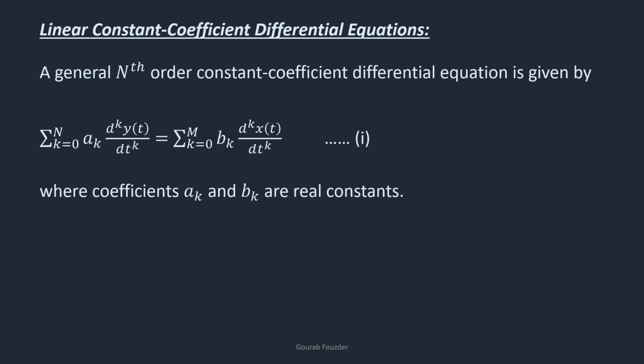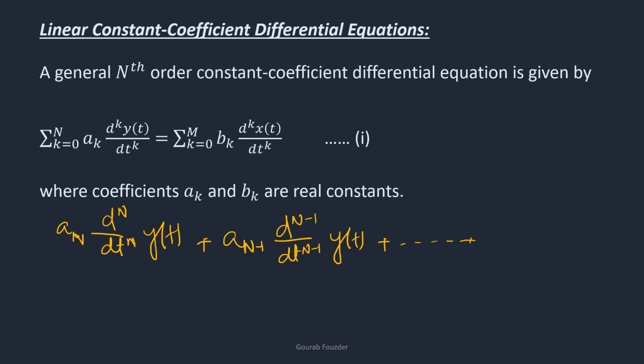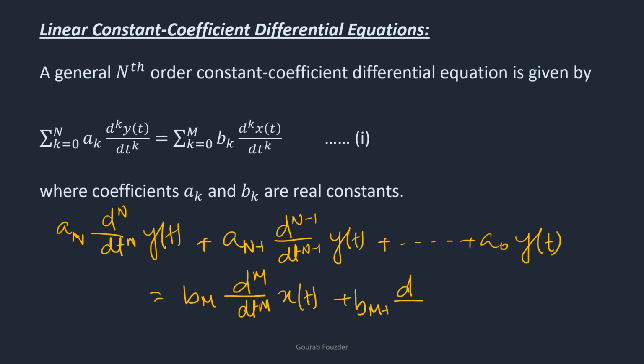If we expand this equation, it can be written as coefficient a_n times the nth derivative of output y(t), plus a_(n-1) times the (n-1)th derivative of output y(t), plus all the way to a_0 times y(t), and this is equal to coefficient b_m times the mth derivative of input x(t), plus b_(m-1) times d^(m-1)/dt^(m-1) of x(t), plus all the way to b_0 times x(t).